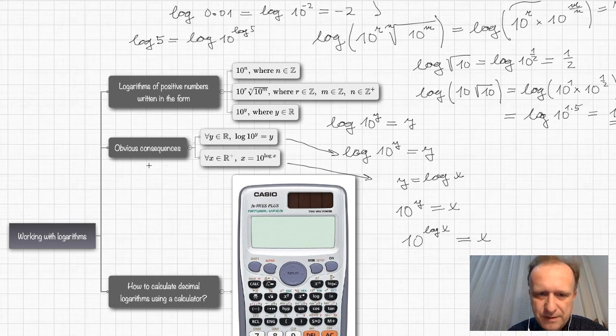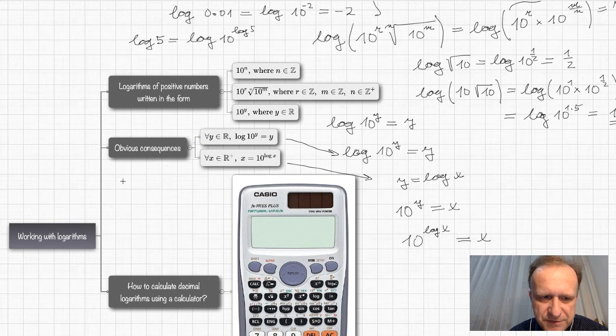There is another perspective that we can choose to consider these two equations, and it's the perspective of the function and its inverse. So if we look at this using this perspective, what we can observe is the following. This equation here says first calculate 10 to the power of y and then take its logarithm.